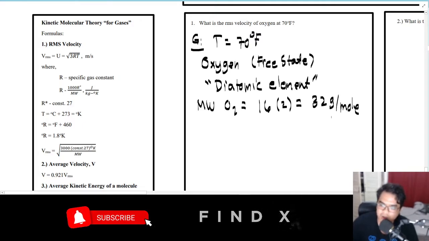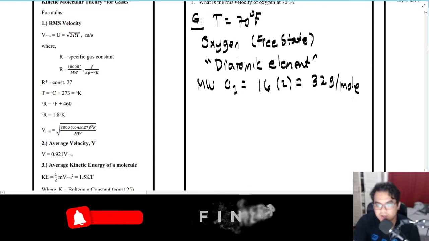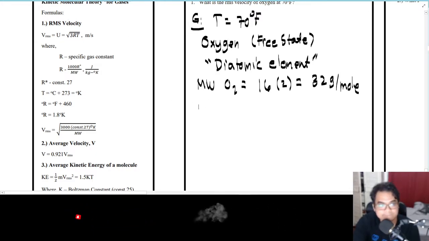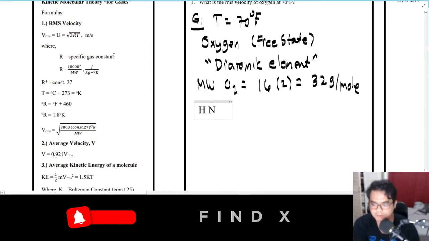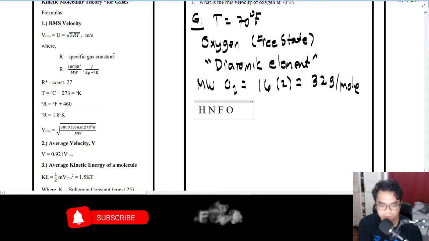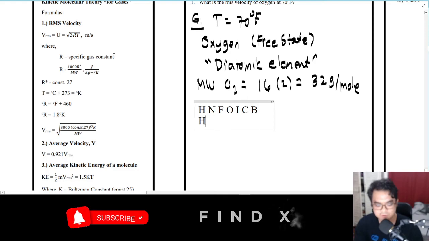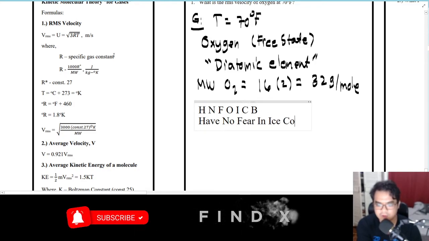So here is a fun way to memorize the elements that are diatomic. It's H, N, F, O, I, C, B. This is my mnemonic: Have no fear of ice cold beer.